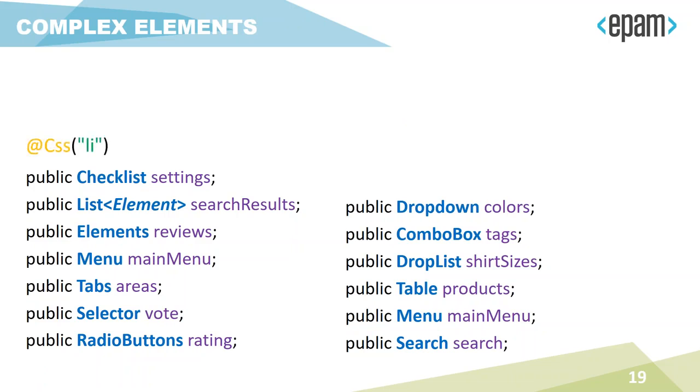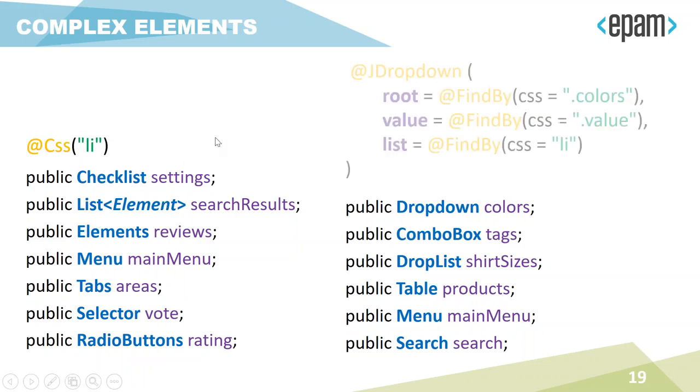First of all, the elements that provide a list of elements, like a list of web elements. This can be menus, tabs, radio buttons, checklists, and the complex elements that really combine 2 or 3 more simple web elements, or even 4 or 5 elements if we talk about a table, for example.